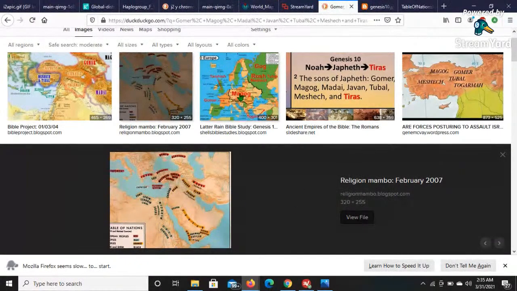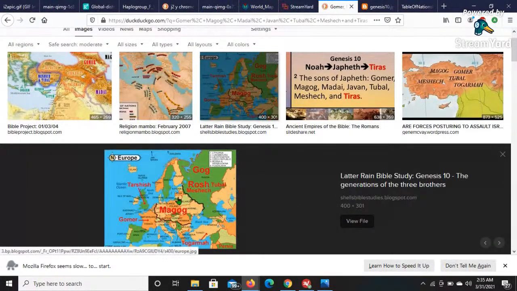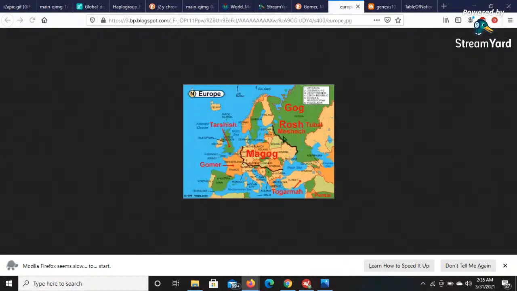So see what else we got here. We got later, apparently, Gog, Rosh, Meshech, and Tubal went up in this area from Greece. Where's Greece? No, Greece is over here. And Magog is over here.